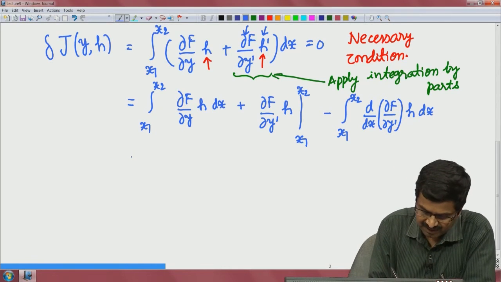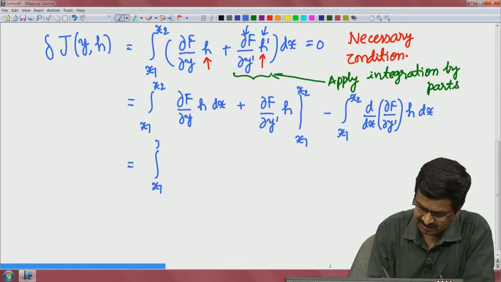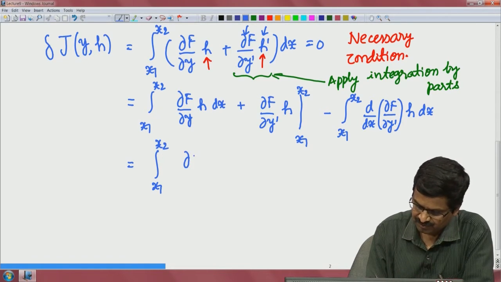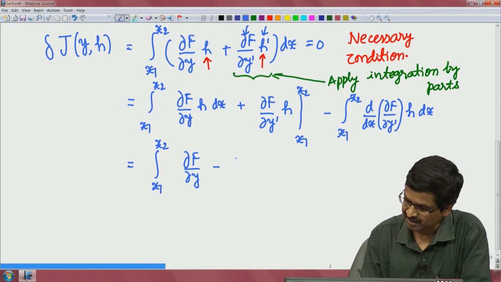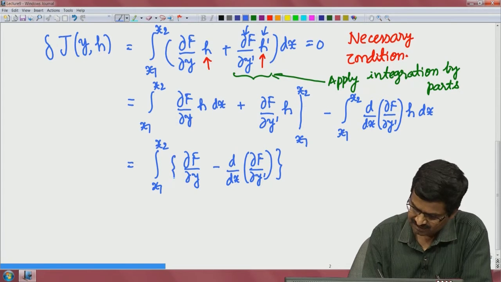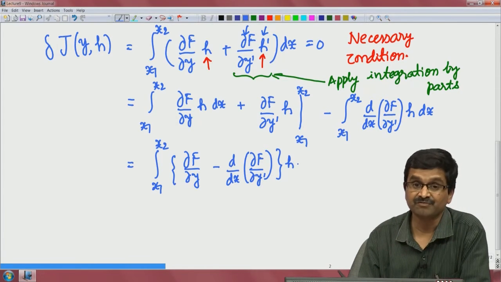Now, we can collect the terms that are under the integral sign x1 to x2. We have ∂f/∂y, there is an h here, this also has h. So, I can take that minus d/dx of ∂f/∂y′ together multiplied with this arbitrary function h.